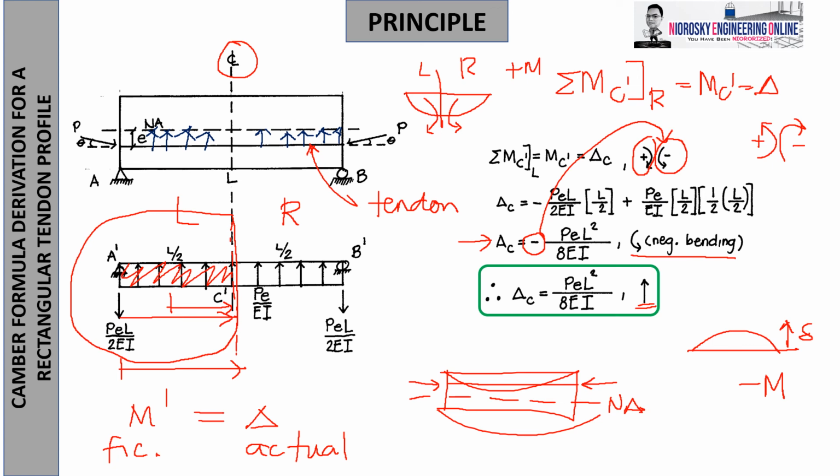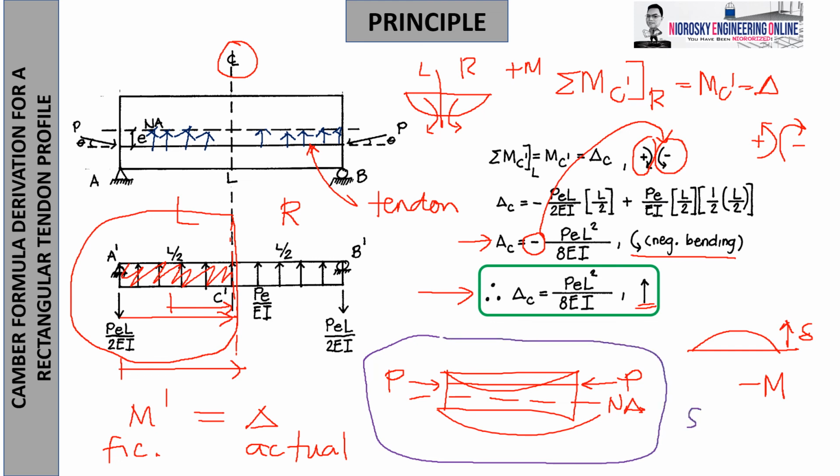The main objective of pre-stress is to produce a camber, or deflection that goes up, so this scenario is not appreciable for pre-stressed concrete design. Therefore, you have to use delta C equals PEL squared over 8EI, going up, for this equation. This applies when we use what is called superposition, which we will try to understand.